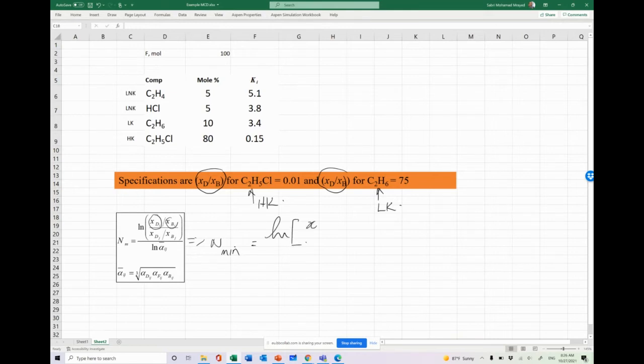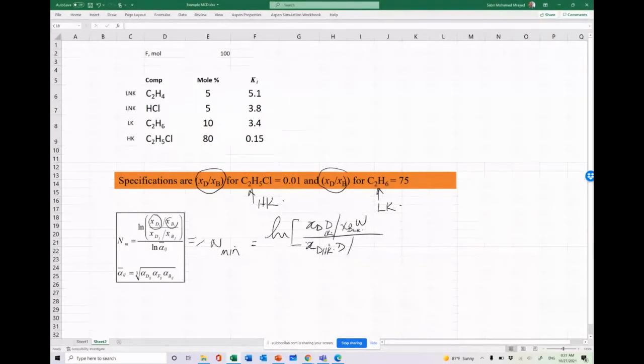Can I say xd D over xb W over xd D over xb W? Of course, this is for the light key, and this is for the heavy key, D divided by xb of the heavy key. Can I write this equation in this way?